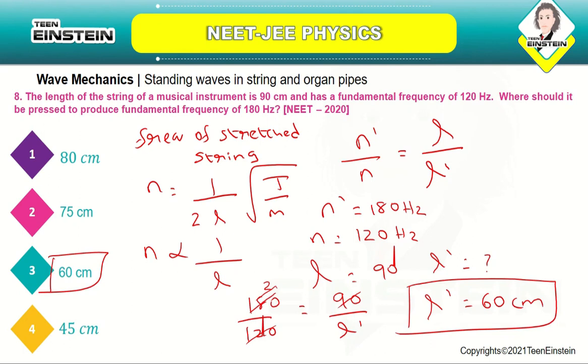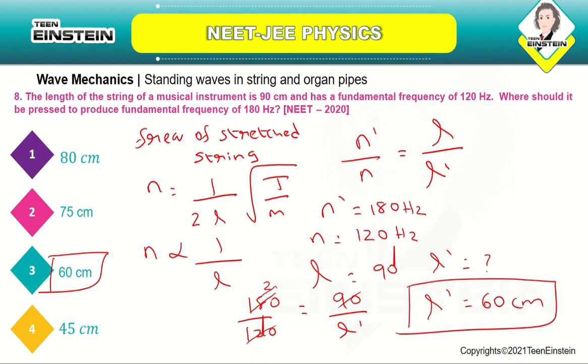So it's a very simple problem. You are going to use the formula for the frequency of a stretched string, n is equal to 1 by 2L into root of T by M, and since T and M are constant, we consider n inversely proportional to the length, that is, frequency is inversely proportional to the length. If you take the ratio of the two different frequencies, it becomes n dash by n is equal to L by L dash.